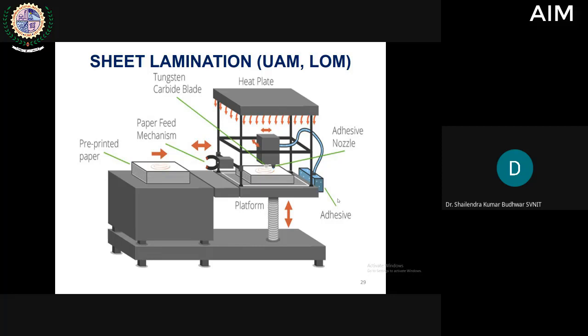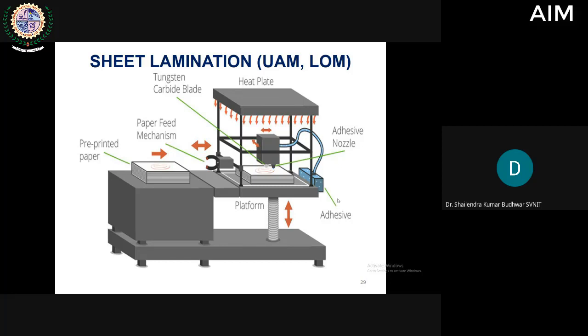So it uses sheets or ribbons of metal which are bonded together with ultrasonic welding. This process may require some CNC machining also after joining all the layers of the sheet metal. To get the final shape, we need to cut these layers, and for that sometimes we need CNC machining also as a post-processing technique.